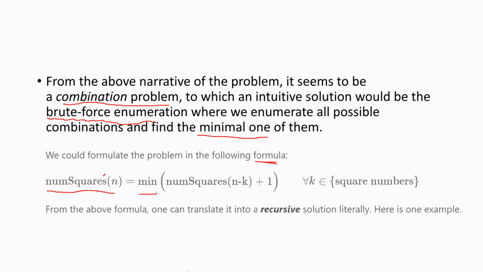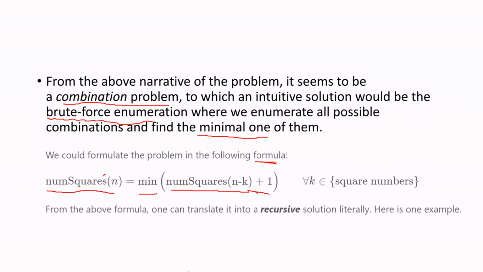We will pass the min, and that will be numSquares(n minus k) plus 1, where k is the square number, and n is the number we have to find the squares for.